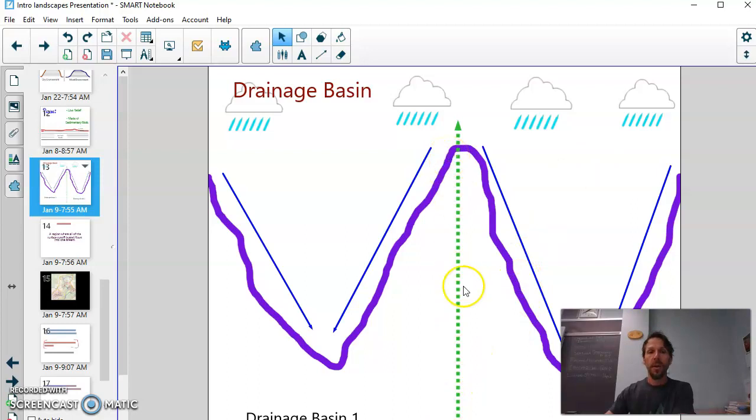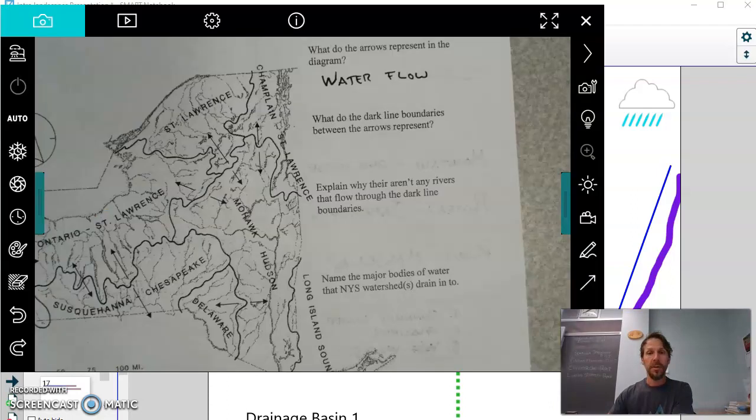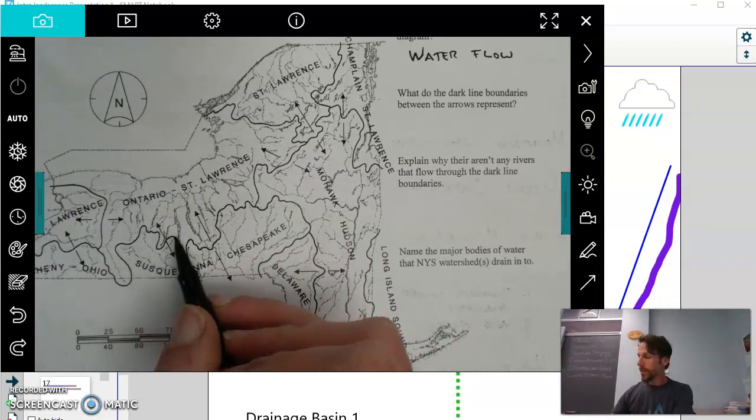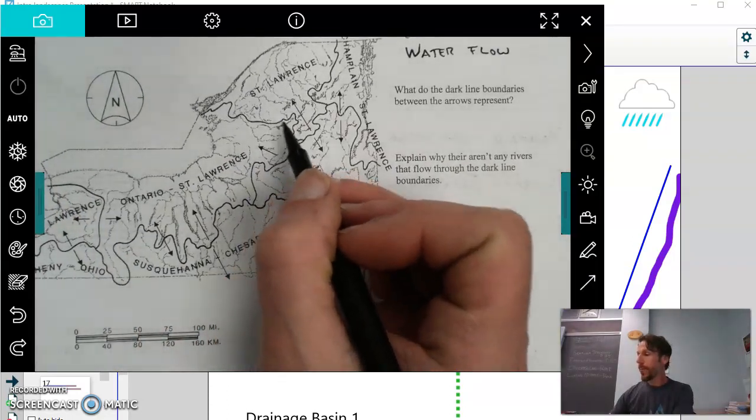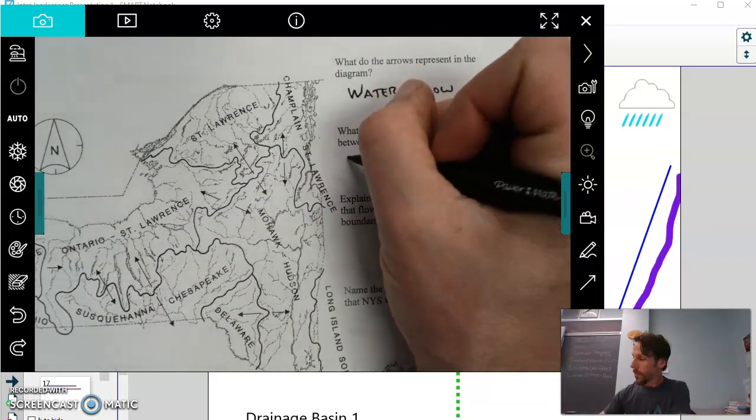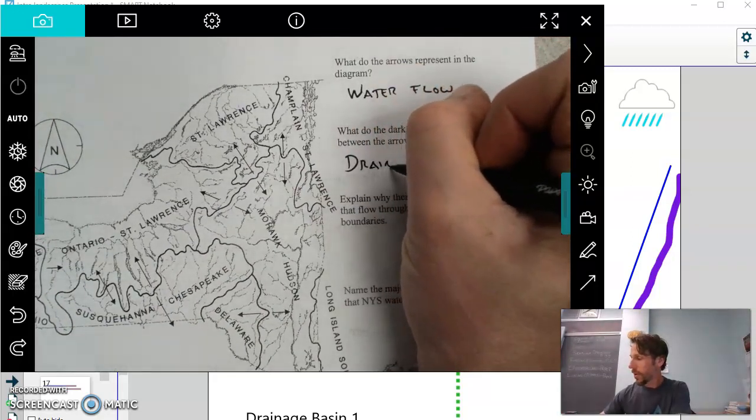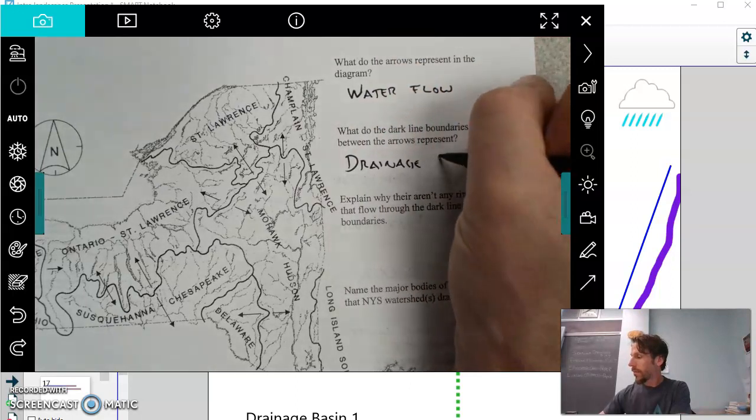So here, once again, water is forced to run down either side of the divide. On our sheet, you can infer by looking at where these run, these are high points or ridges. These are going to represent drainage divides.